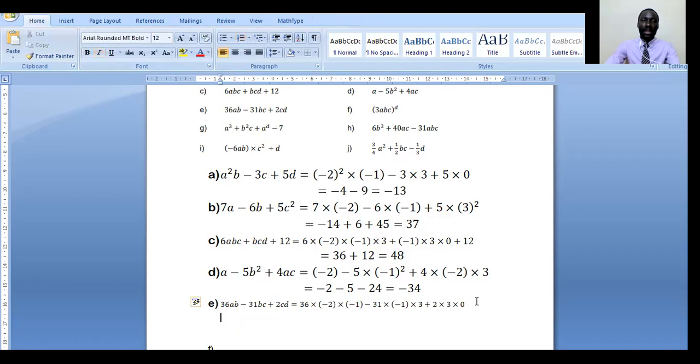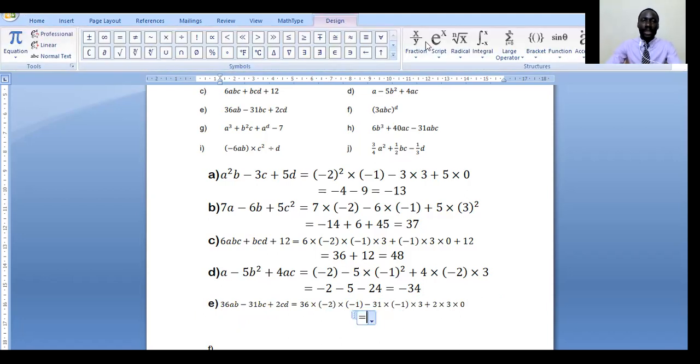How do you simplify this? Well, let's see how we can simplify this. 36 times negative 2 is negative 72. Times negative 1 is positive 72. Yes. Then now minus 31 times minus 1 is positive 31, times 3 is 93.